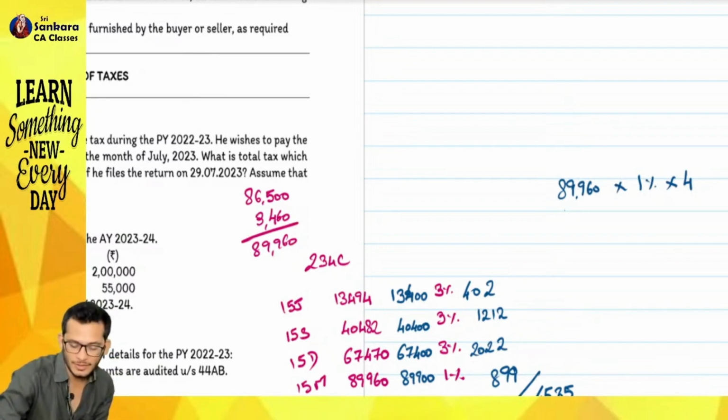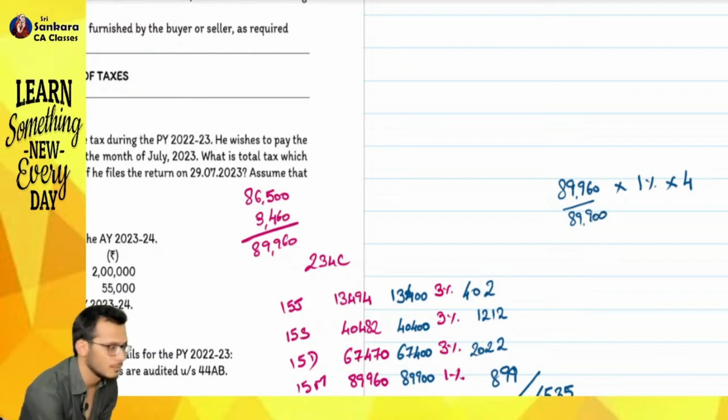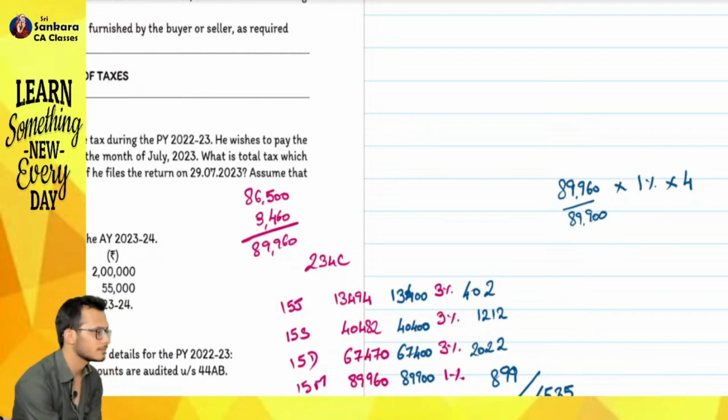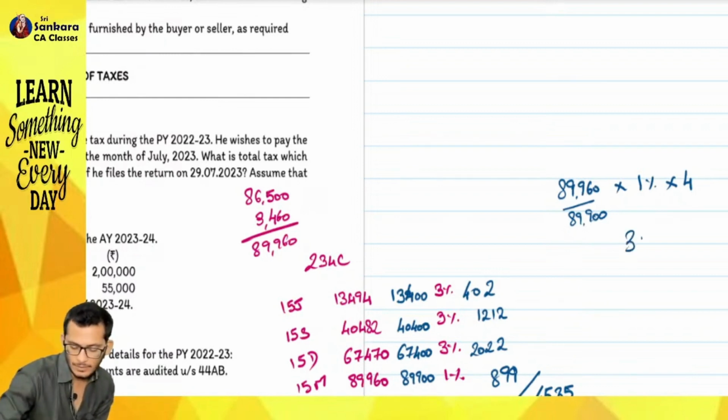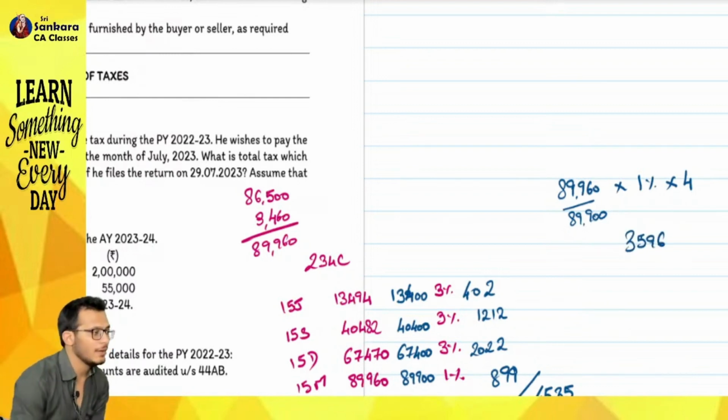Again, round down to the nearest 100. No interest on interest. 89,900 into 1% into 4 is 3,596.